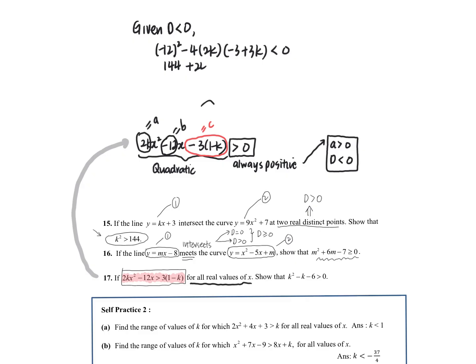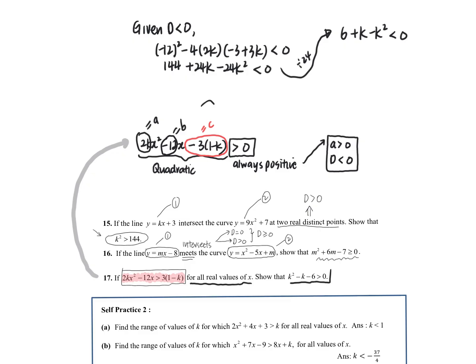Plus 8, 24k, minus 24k squared. Okay, and then if you simplify, you will get, can I divide by 24 throughout? Is 144 divisible by, oh, it is. So if I divide by 24 throughout, I will get 6k minus k squared less than 0.